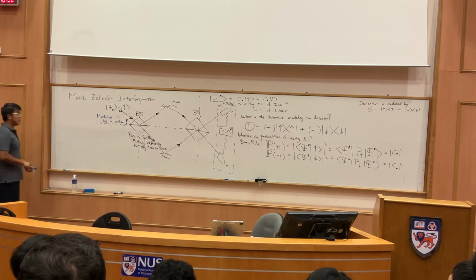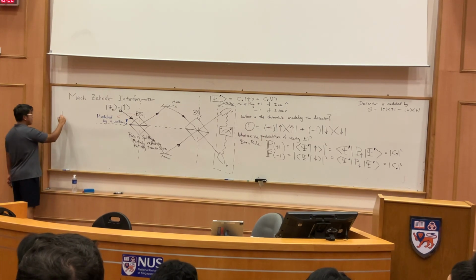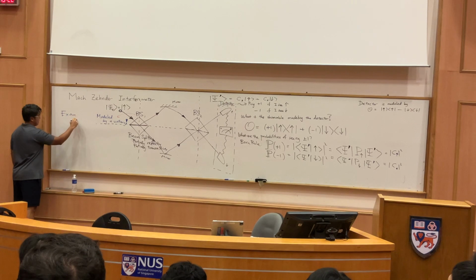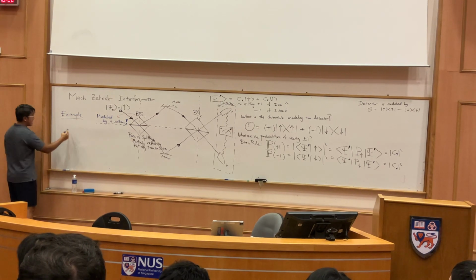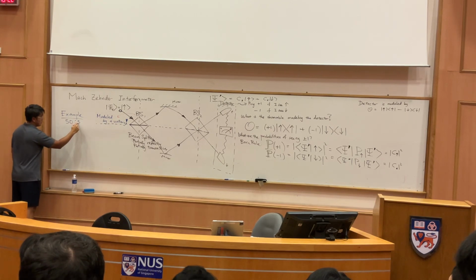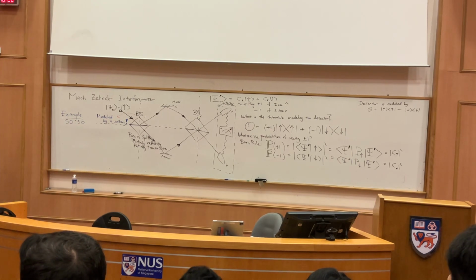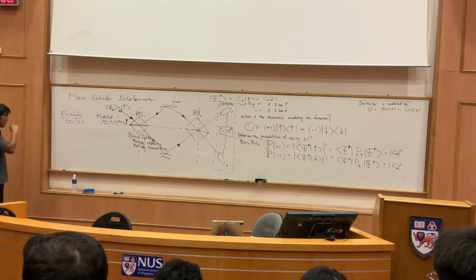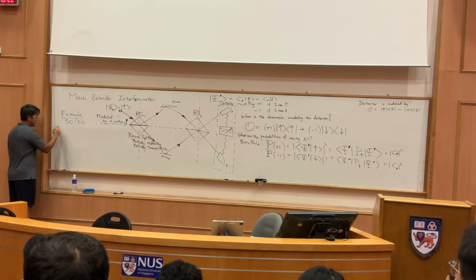So here's one example of a beam splitter. In the case when the beam splitter is 50-50, meaning 50% transmission, 50% reflection, then imagine this.